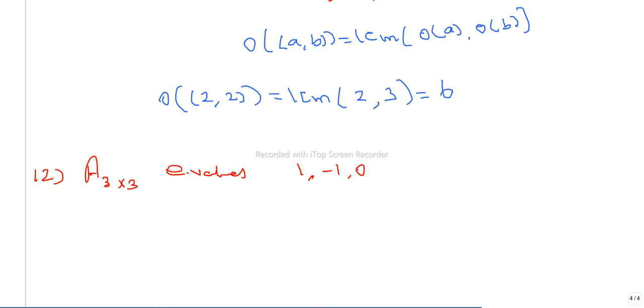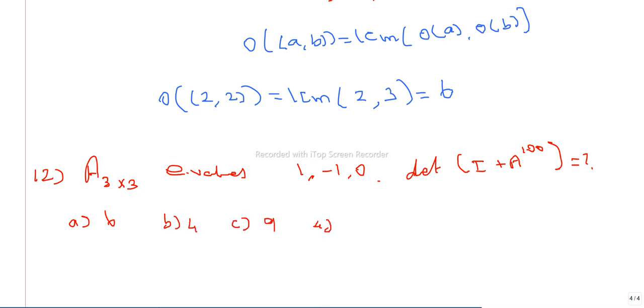Then what is the determinant of I plus A power 100? The first option is 6, second option is 4, third option is 9, fourth option is 100.